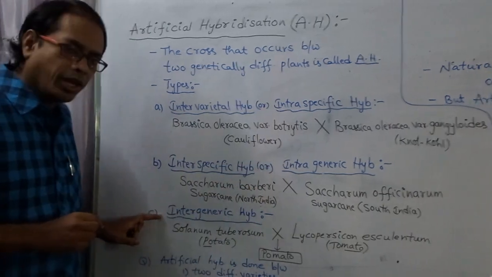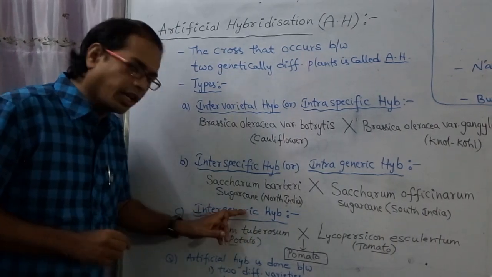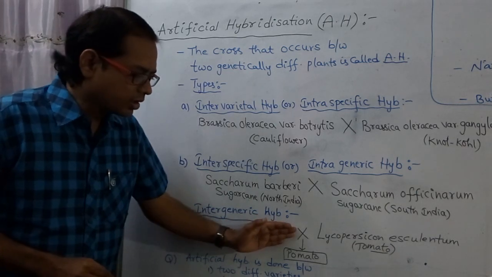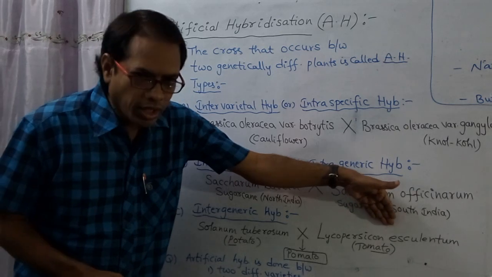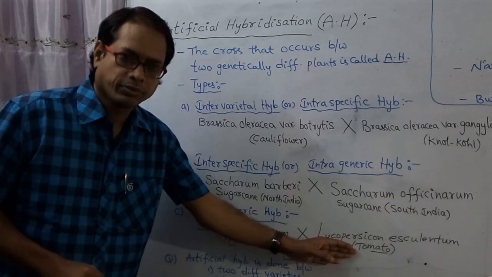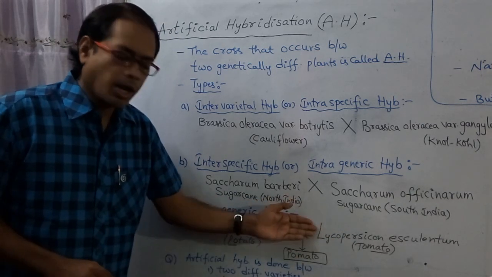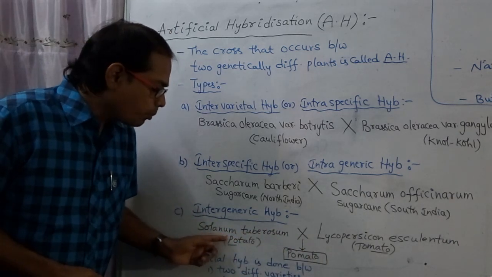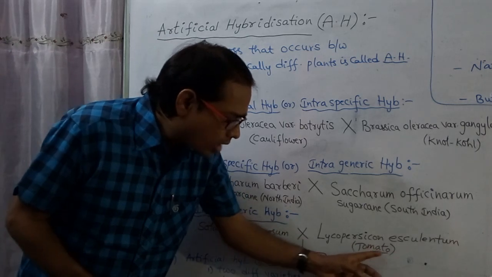And the last type is intergeneric hybridization. Intergeneric, that is Solanum tuberosum crossed with Lycopersicon esculentum. This is potato, this is tomato. These two plants are crossed and obtain a hybrid called pomato. That means from potato, po is taken and from tomato, mato is taken.